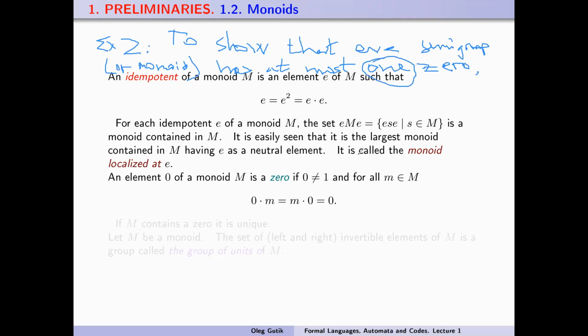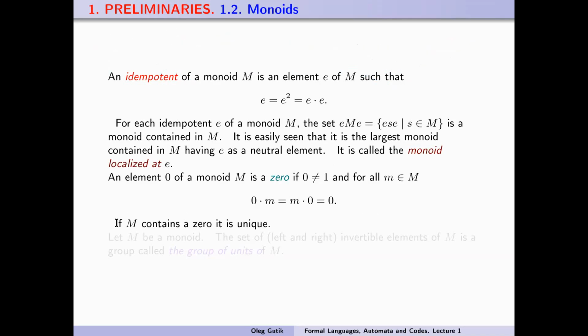The proof of this statement is very simple, and it is similar to the proof that every monoid contains at most one neutral element. I propose that you prove it.